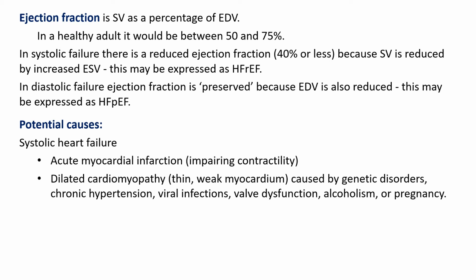In dilated cardiomyopathy, classically what you see is a thin, weak myocardium, just like systolic heart failure. And this is caused in its own right by genetic disorders, by chronic hypertension, viral infections, valve dysfunctions, alcoholism, or even pregnancy.